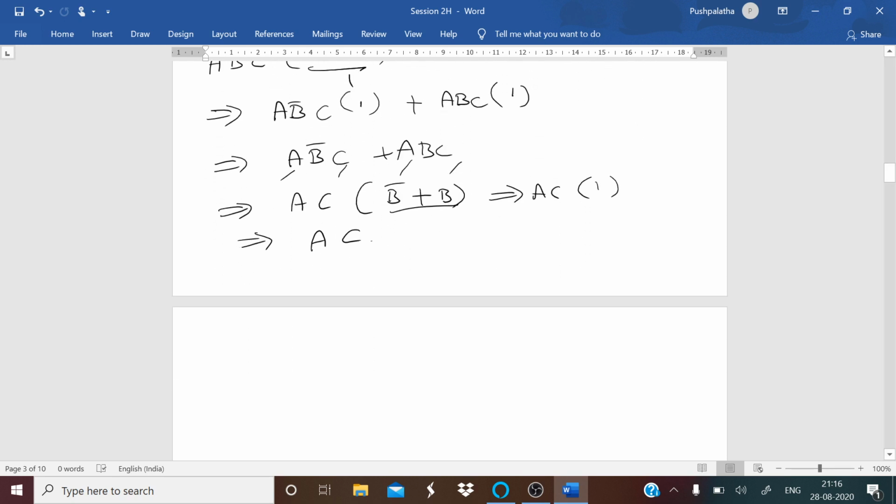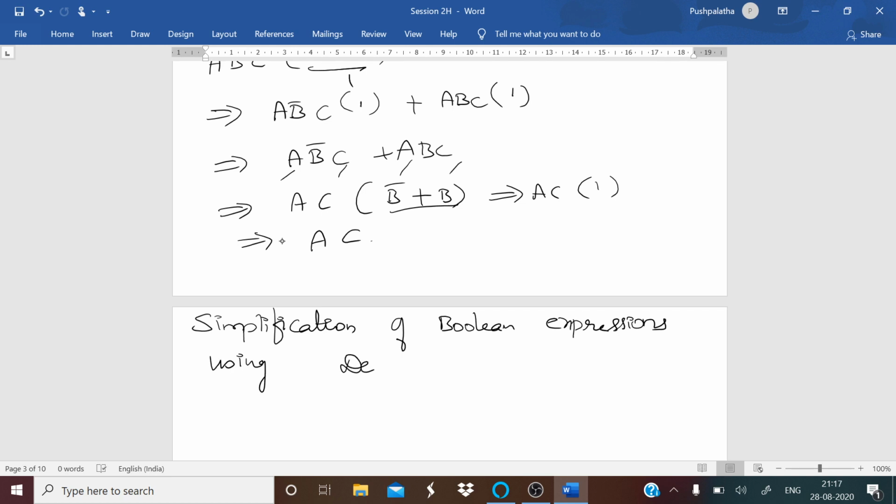Now let us go for simplification of Boolean expressions using De Morgan's theorem.